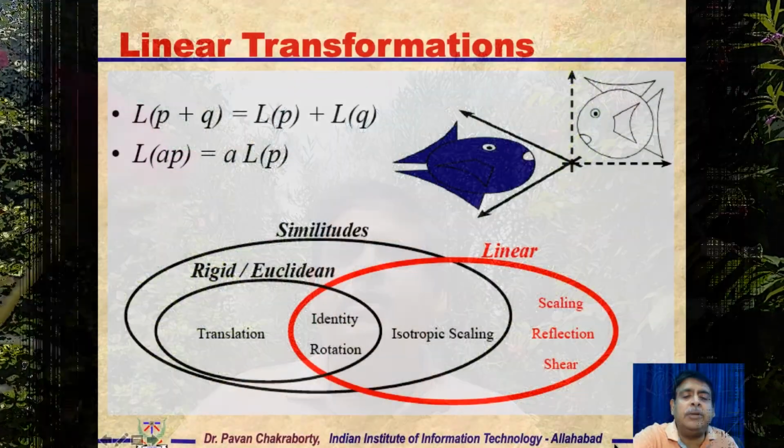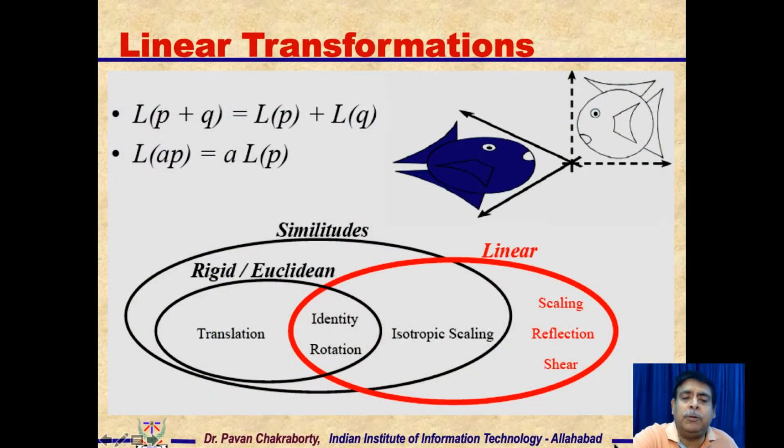What is a linear system? Linear transformation depends on two hypotheses. One is the hypothesis of superposition, and the other is the hypothesis of homogeneity.